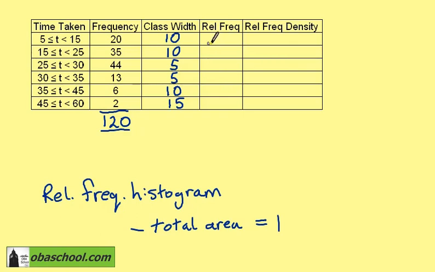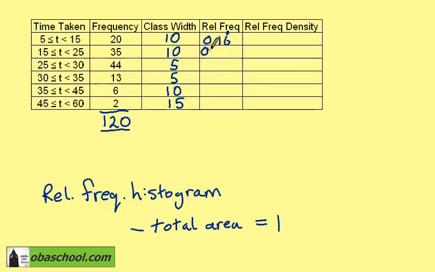The relative frequency, therefore, is a measure of how frequently each class occurs compared to the total. So for this first class with a frequency of 20 and a total number of pieces of data of 120, we do 20 divided by 120, and this gives us 0.16 recurring.